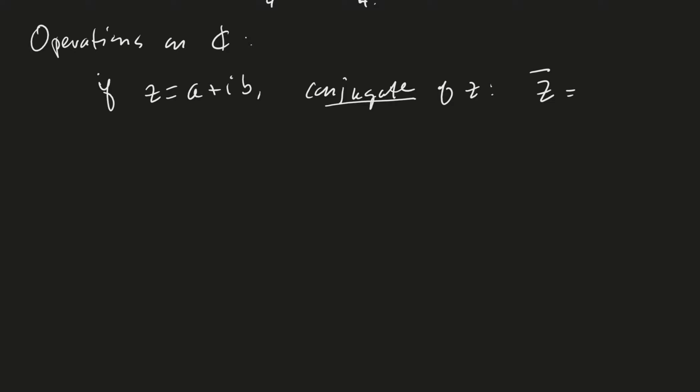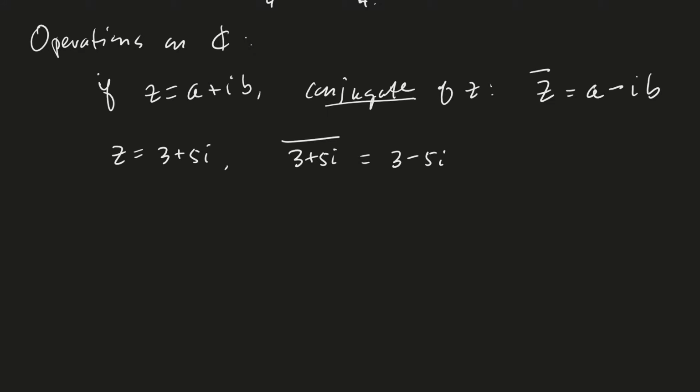So that's read as z bar, and that's going to be a minus ib. So the idea is whatever your imaginary part is, you negate that. Okay, so for example, if z is equal to 3 plus 5i, then the conjugate of 3 plus 5i, which is written with a bar, is 3 minus 5i.